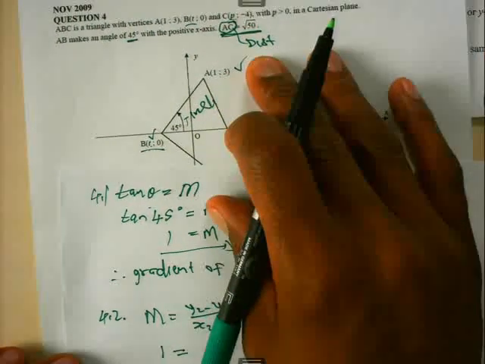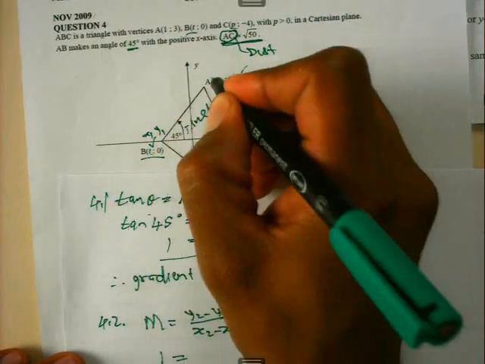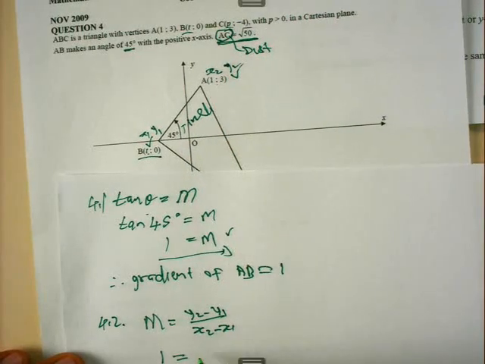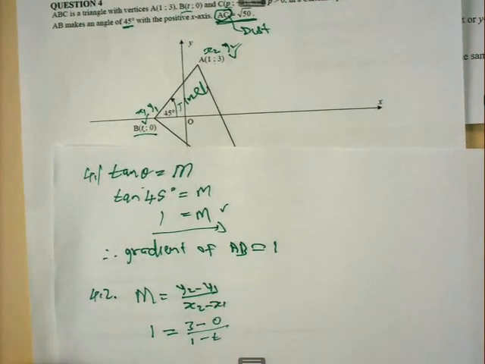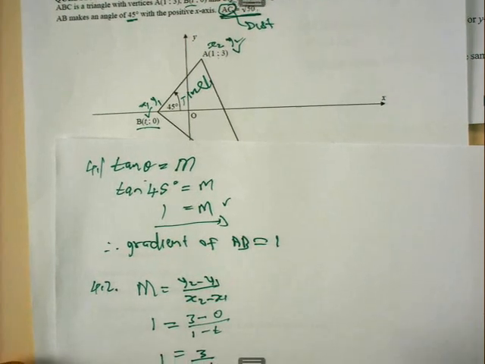y2. From the diagram, this is x1, y1, this is x2, y2. Then y2 is 3 minus 0, divided by 1 minus t. From here, we can now do cross multiplication, but let us simplify this first. 3 minus 0 is 3, divided by 1 minus t, which is equal to 1.